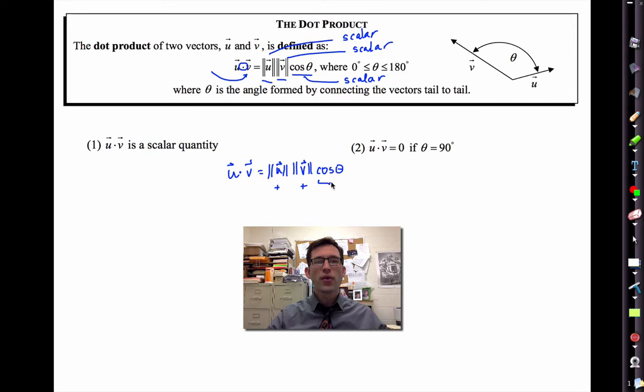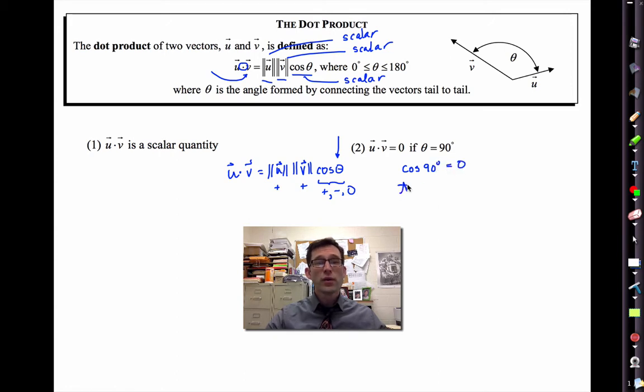Therefore, whether the dot product is positive, negative, or 0 all depends on the angle. And the only way the dot product can be 0, assuming that neither u nor v is the 0 vector, is if the angle is 90, because the cosine of 90 degrees is equal to 0.